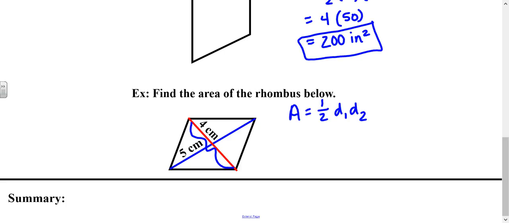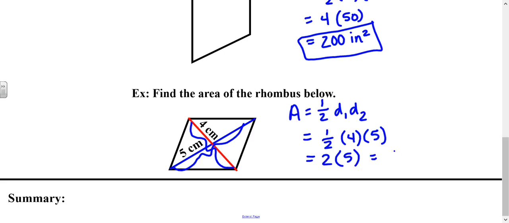This whole diagonal is 4 centimeters, and this whole diagonal is 5 centimeters. So then my formula is 1/2 times diagonal 1, which was 4, times diagonal 2, which is 5. So half of 4 would be 2. So then I have 2 times 5, which equals 10. And it's area, so I'm going to label it in square centimeters.